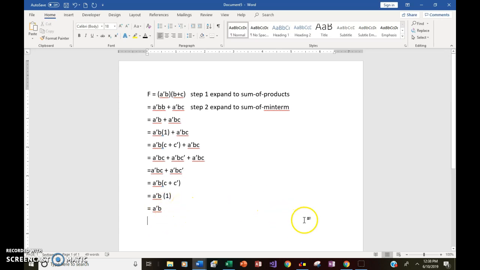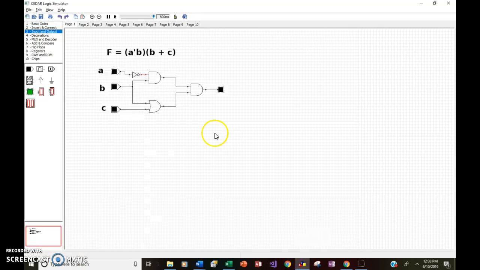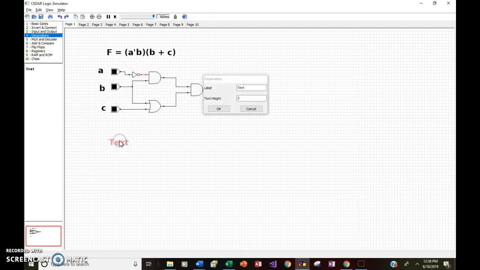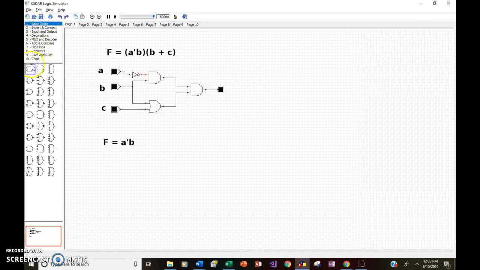Let's go ahead into Cedar Logic and draw that very quickly. I'm just going to add text for this new function. Let's see if I remember it. F equals A prime B. As I said, you need your AND gate.